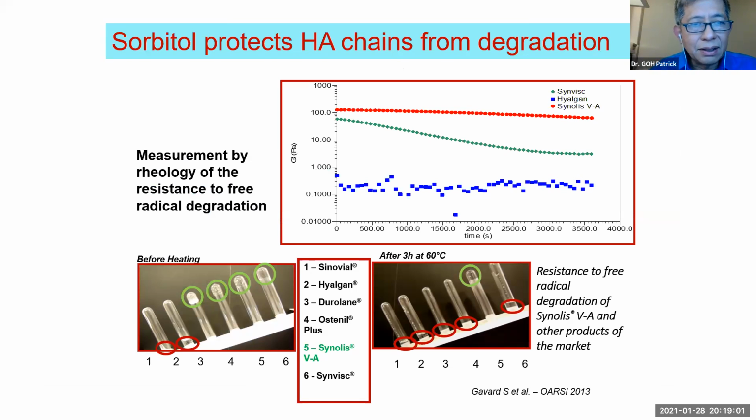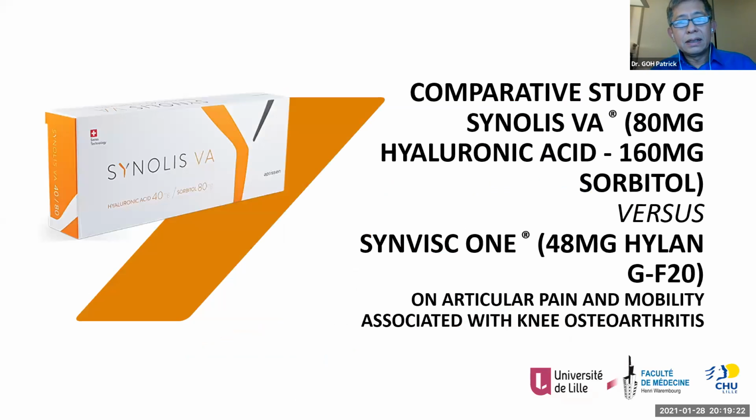This is a study from 2013, I believe, showing that Synolis, which has sorbitol incorporated, is able to withstand stress from free radicals. So the resistance to free radical degradation is much higher when you have sugar incorporated.